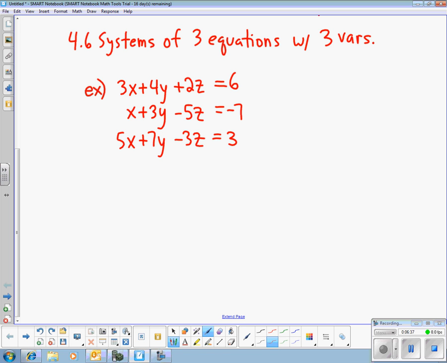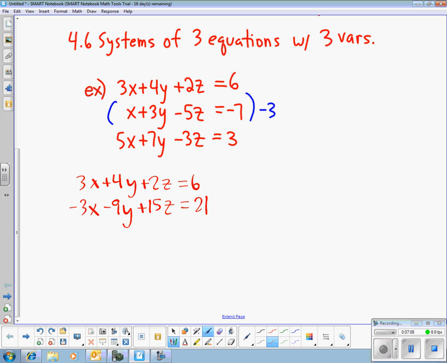by -3. So I'm going to rewrite my first equation as well. Here's my first equation. And my second equation times -3, all parts, both sides, gives me -3x, and that's the reason I chose -3, minus 9y plus 15z equals positive 21.